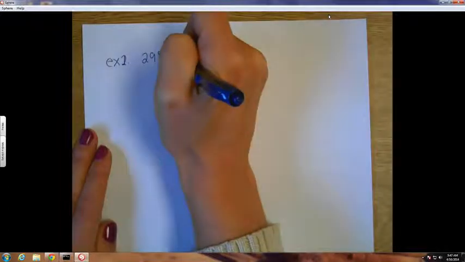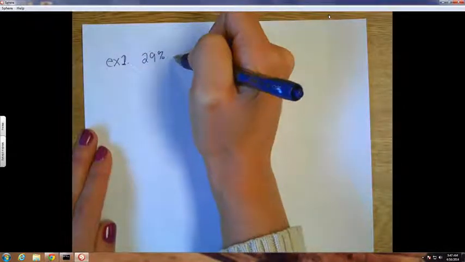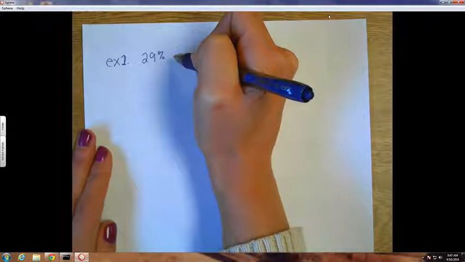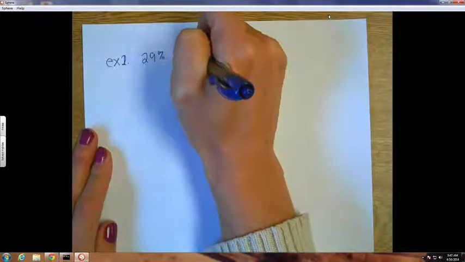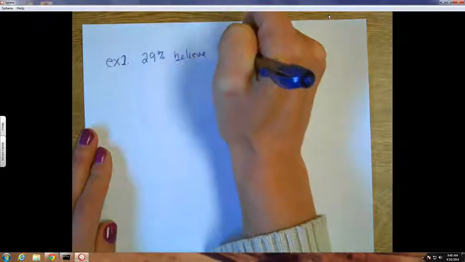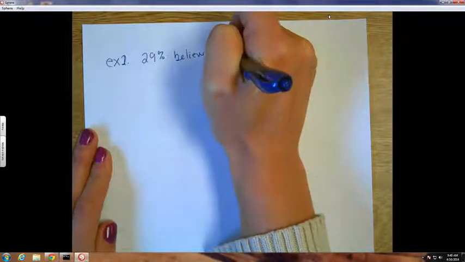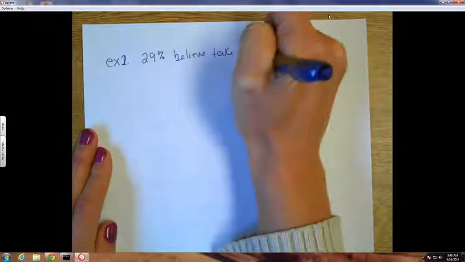29% of Americans feel that they'll see people be able to take trips to the moon. So 29% believe they'll be able to take trips to the moon.